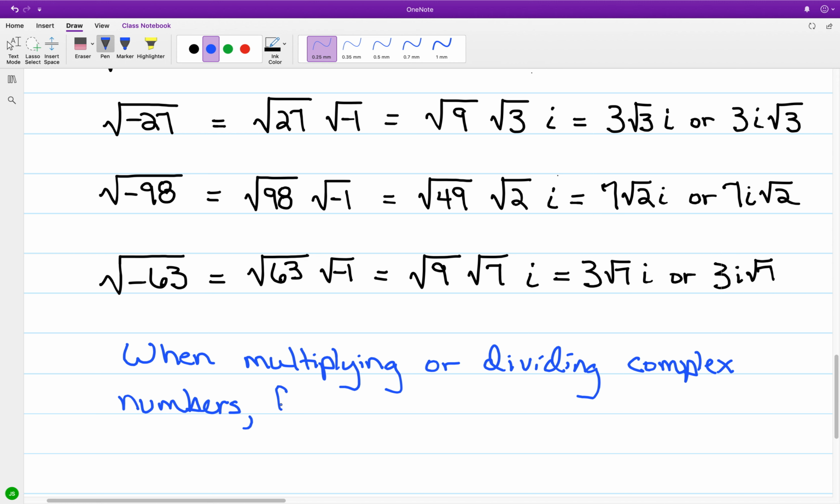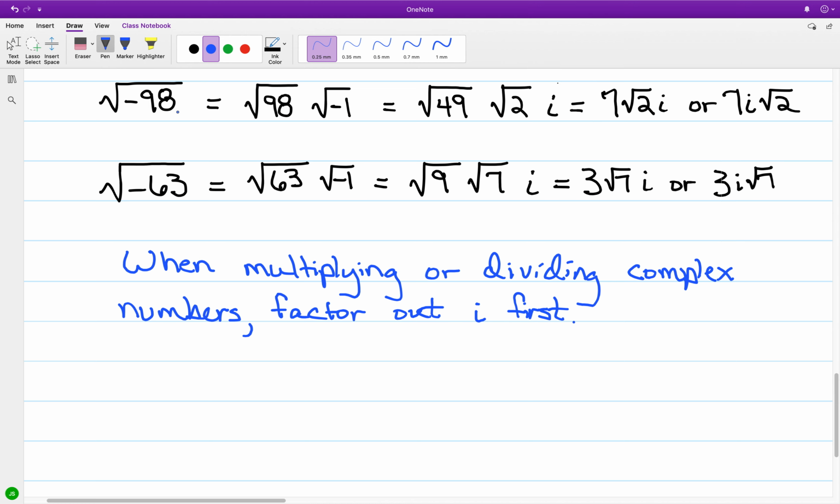I'll give you just some quick instances here. Let's say we have the multiplication of the square root of -9 times the square root of -4.